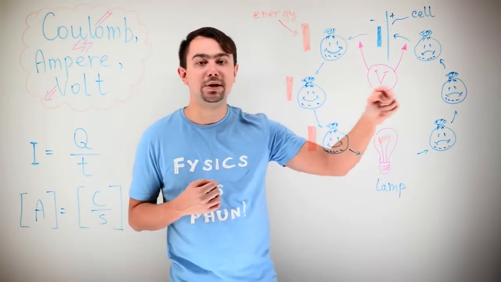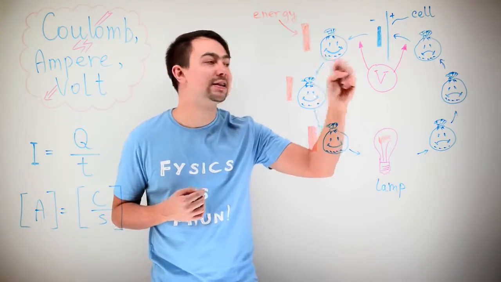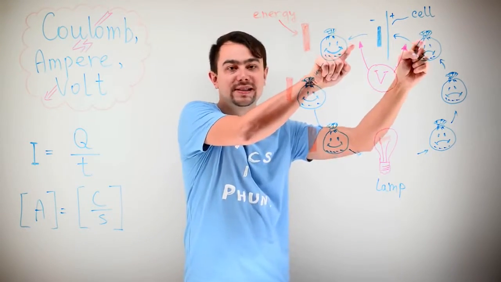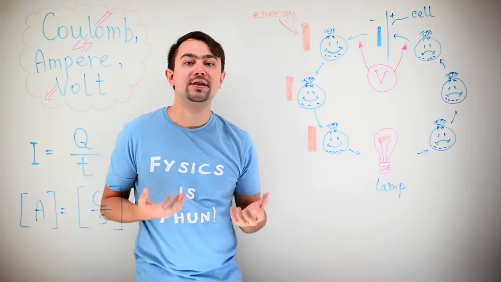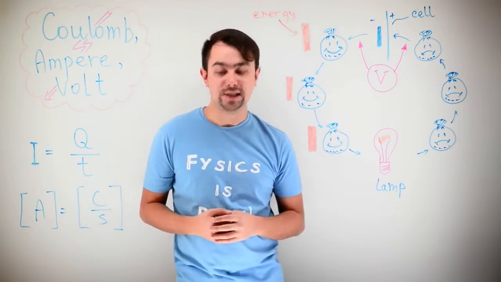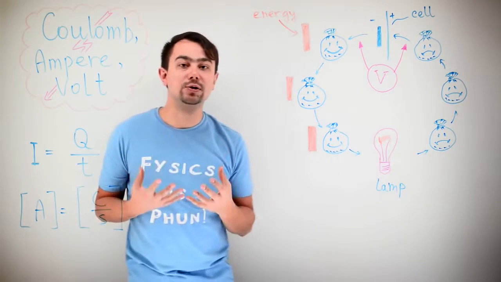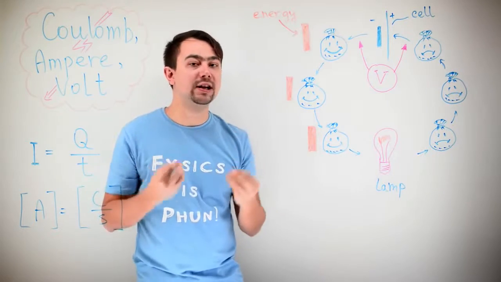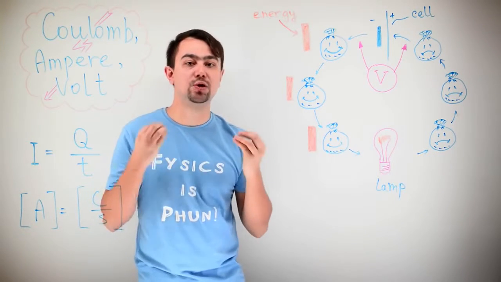If we put a measuring device which measures the difference in energies between these 2 points, before the cell and after the cell, we get the amount of energy given to each coulomb of charge. And that's the definition of volt. The voltage is how many joules of energy we give to each coulomb.